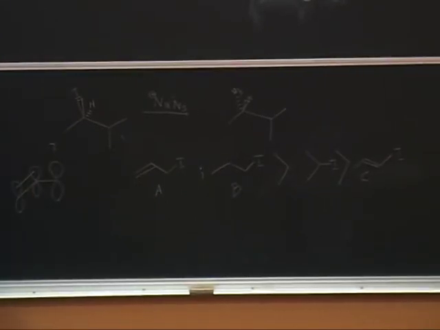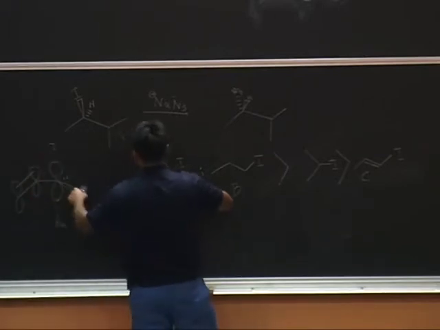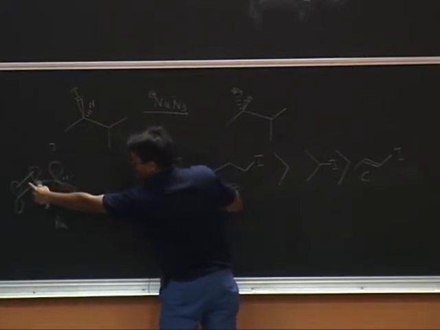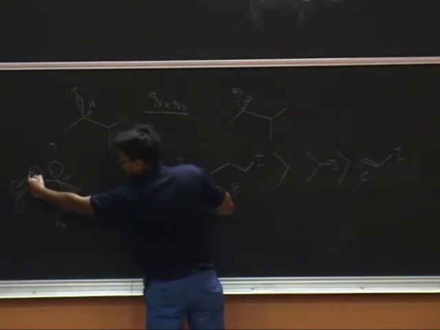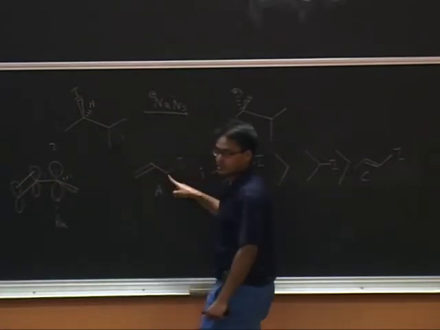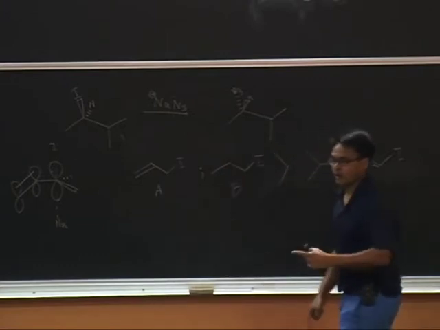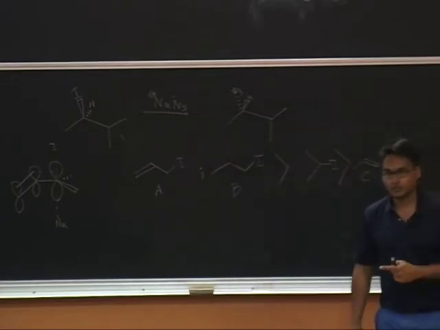You see how this p orbital that forms here, that's that carbon. This is your double bond. How the p orbital is stabilized by interaction with this pi bond. See it? So having a pi bond adjacent to the carbon bearing the leaving group is always good.